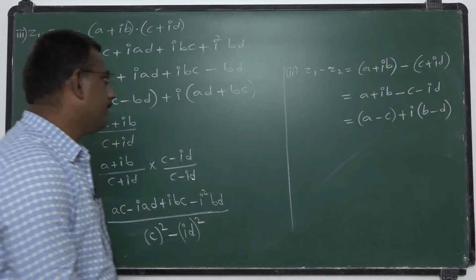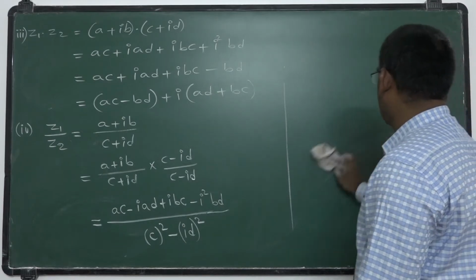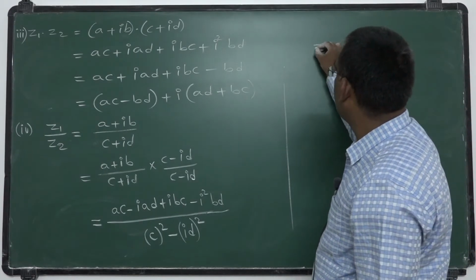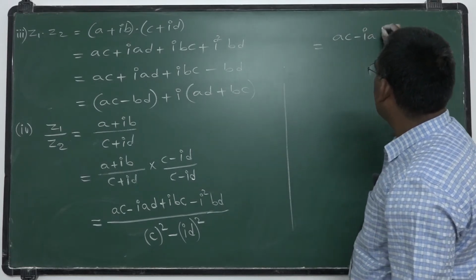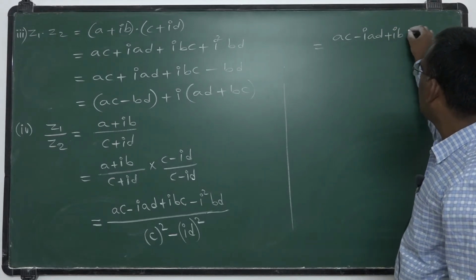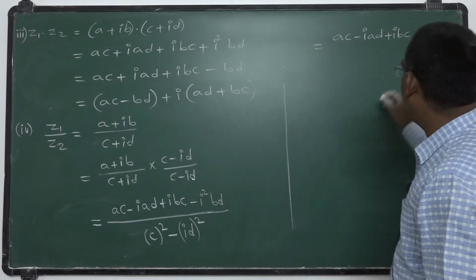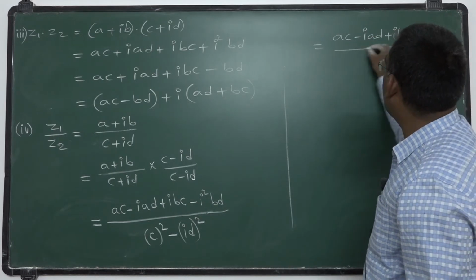Now simplifying this, ac minus iad plus ibc. Here i square equal to minus 1, so minus into minus 1 gives plus, bd by c square plus d square.